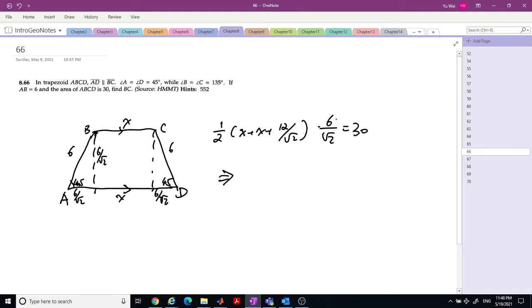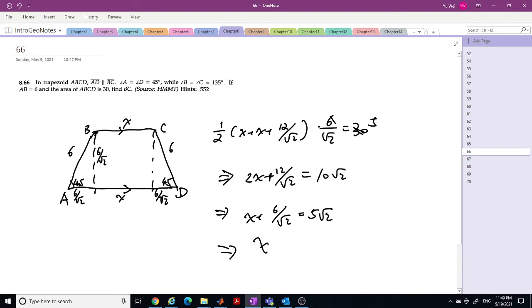Then we can solve the equation: 2x plus 12 over root 2 is equal to 10 root 2. Then x plus 6 over root 2 is 5 root 2. Then we can solve it: 3 root 2, so x equals 2 root 2.